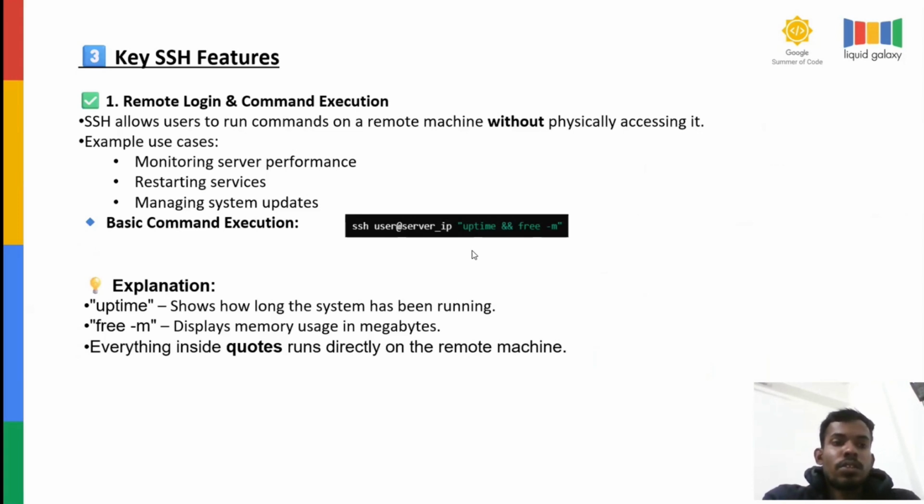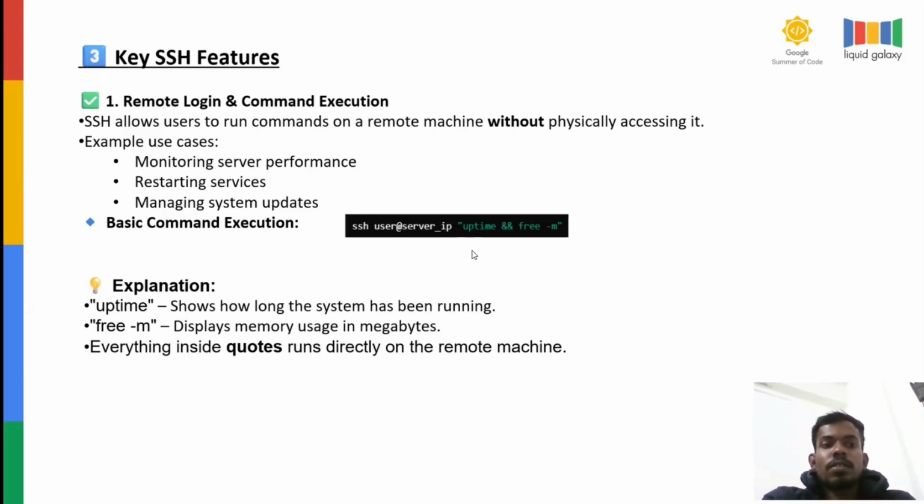Let's see the key SSH features. The first major feature is remote login and command execution. It allows users to run commands on a remote machine without physically accessing it. Some of the use cases are that we can use a remote device to monitor server performance.